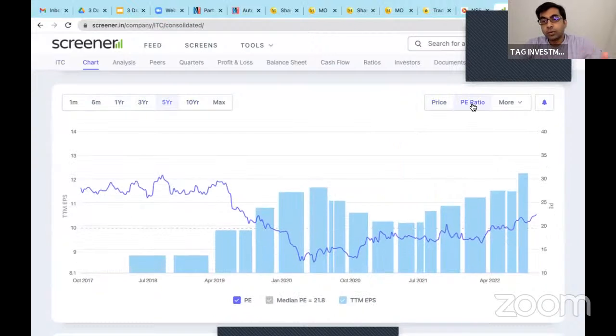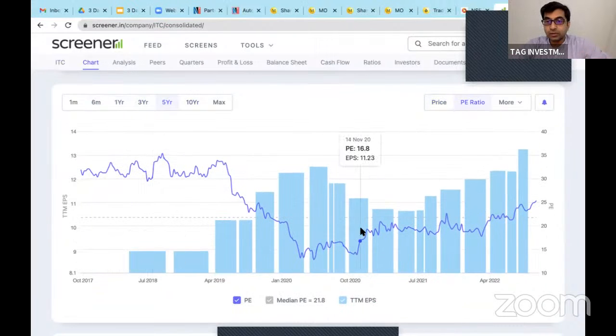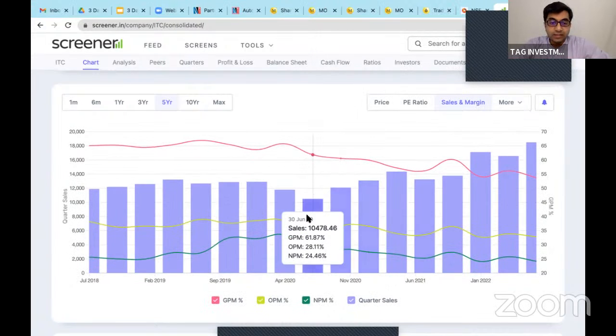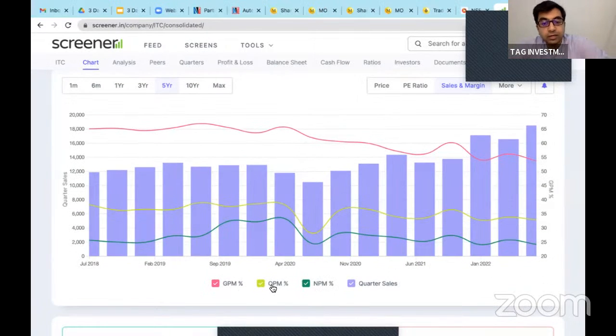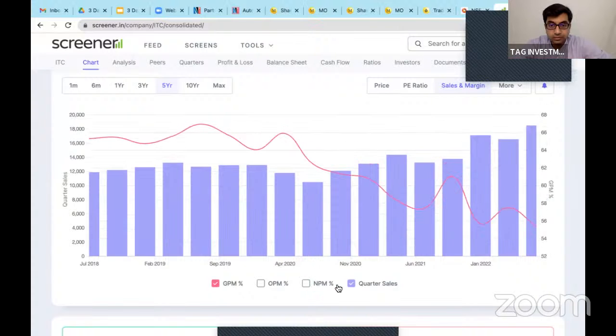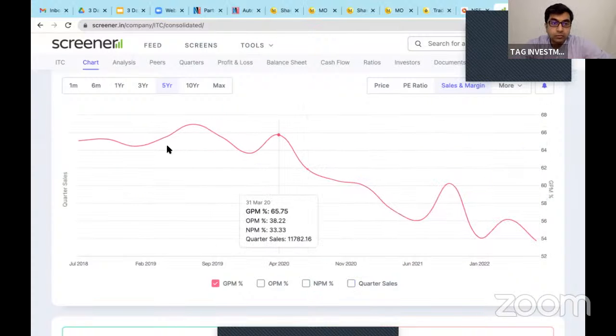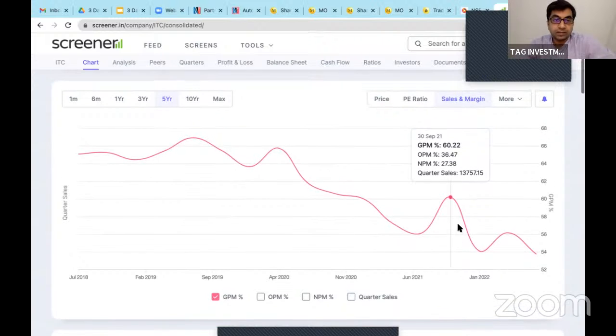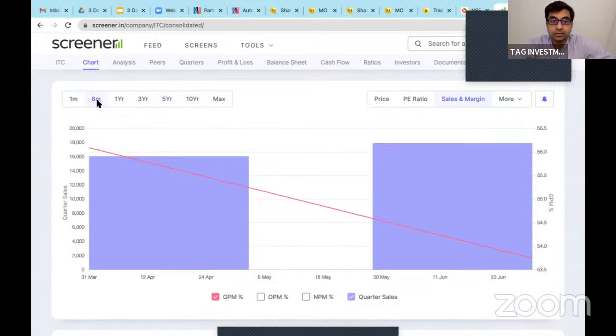You can know about the P/E ratio, whether it is increasing or decreasing. Then sales and margin. If you want to know the gross profit margin, the operating profit margin, the net profit margin, the quarterly sales. If you want to look at just the gross profit margin, you can remove these curves. So the gross profit margin has been decreasing in the last 5 years, and in the last 6 months it has again been decreasing.